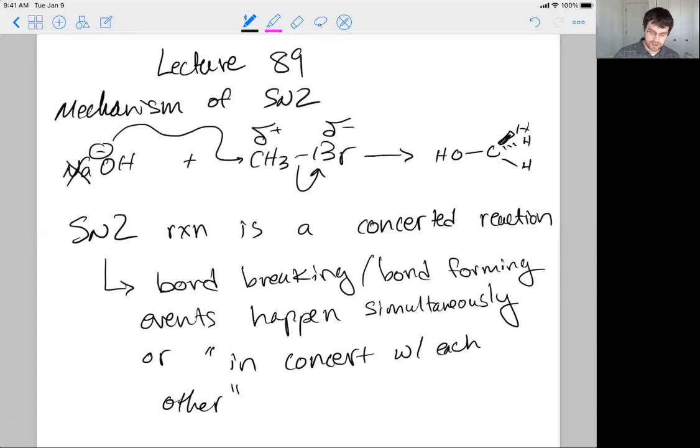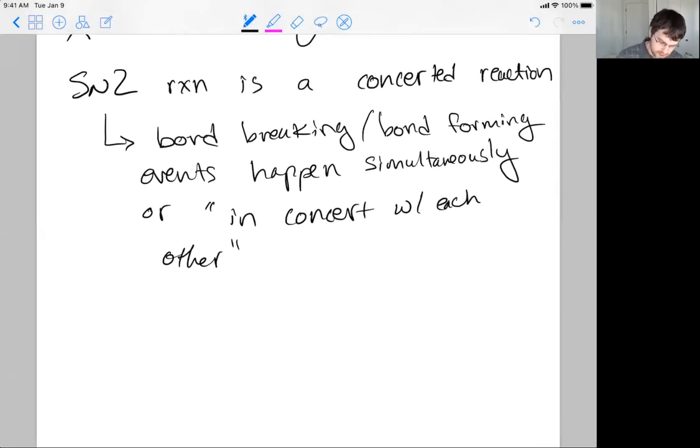Now the big thing about concerted reactions, and it's true of the SN2 reaction also, is that the definition of a concerted reaction is that bond breaking and bond forming events happen simultaneously, in concert with each other.